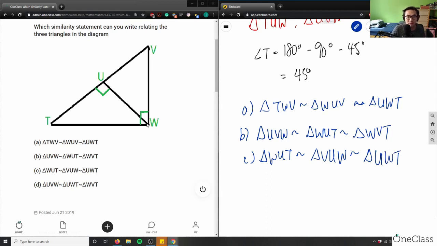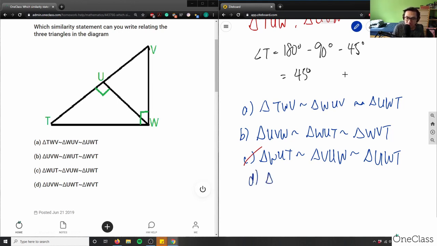So this C here is incorrect because I'm restating my triangles. WUT is my first triangle, VUW is my second triangle, and UWT is again my first triangle. So in this case, C is actually the incorrect answer, so I can cross that out because it's stating the same triangle twice.